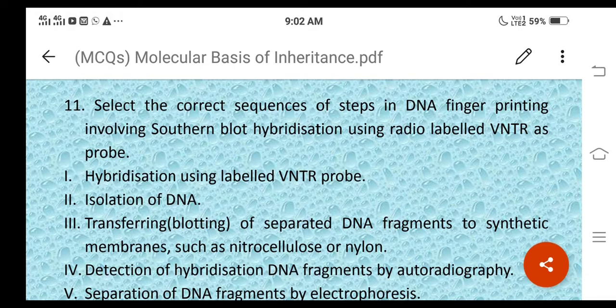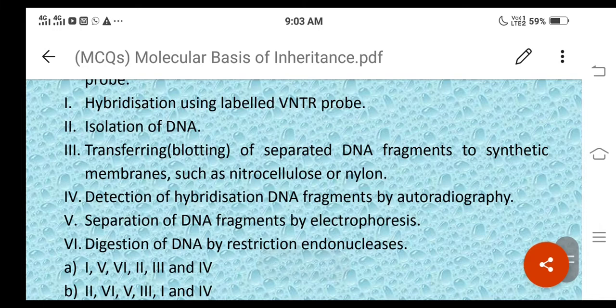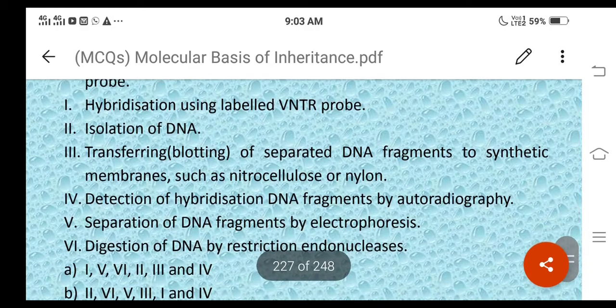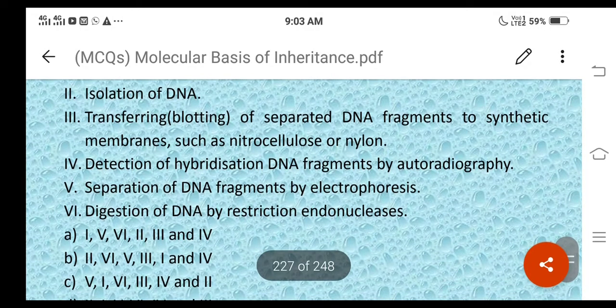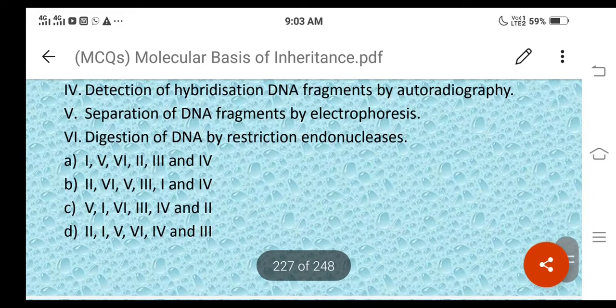Then the fifth one is separation of DNA fragments by electrophoresis. Then the sixth one is digestion of DNA by restriction endonucleases. Six important statements are there, and we have to arrange them in a sequence. For question number 11, option B becomes the correct answer: 2, 6, 5, 3, 1 and 4. Option B is the right answer, right?